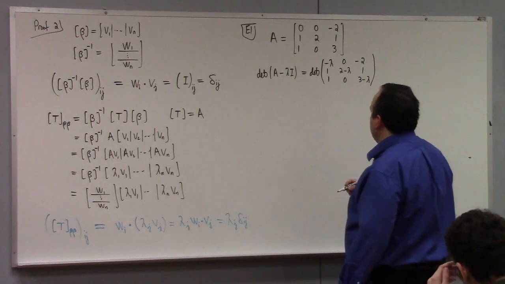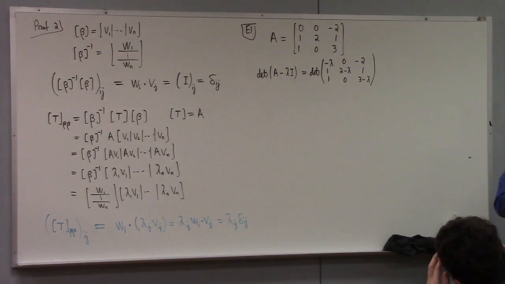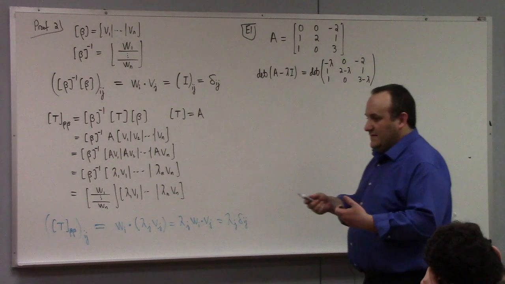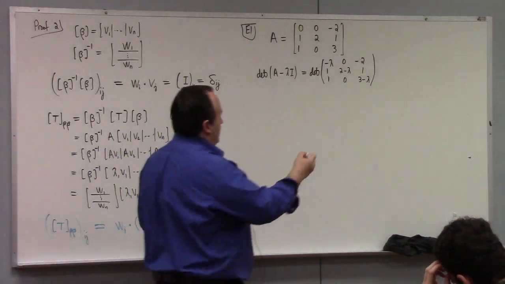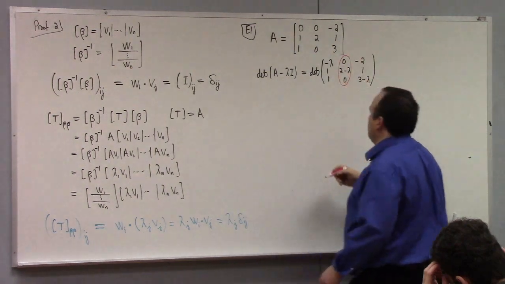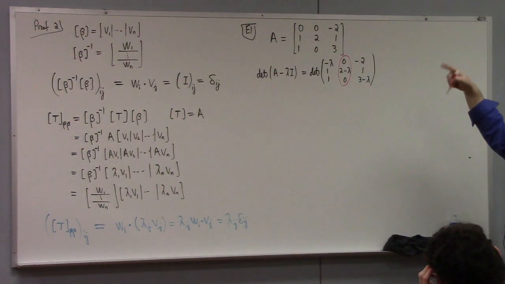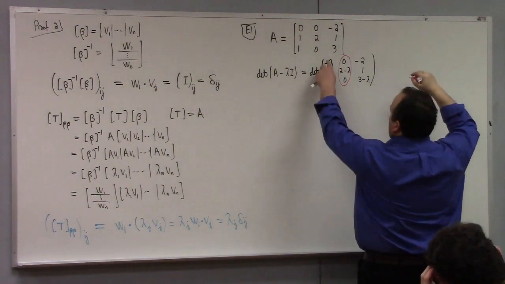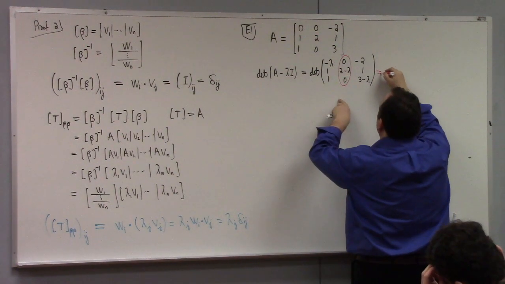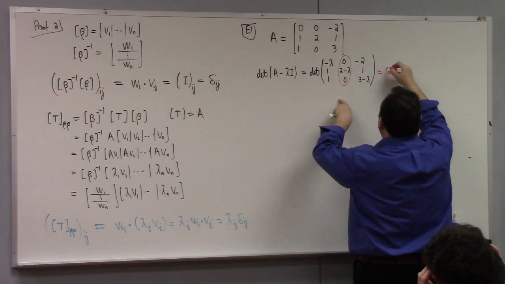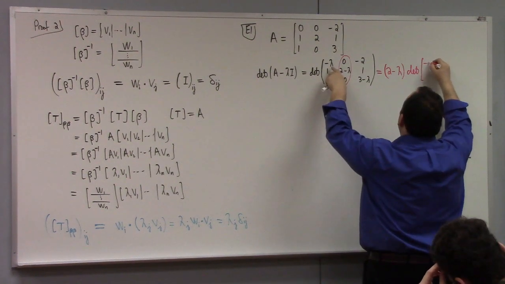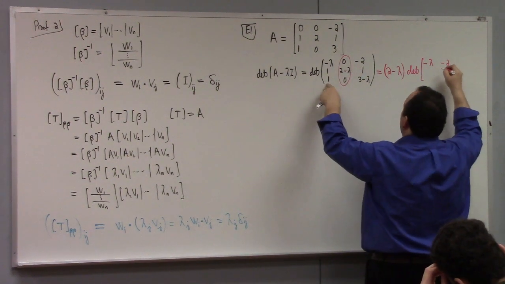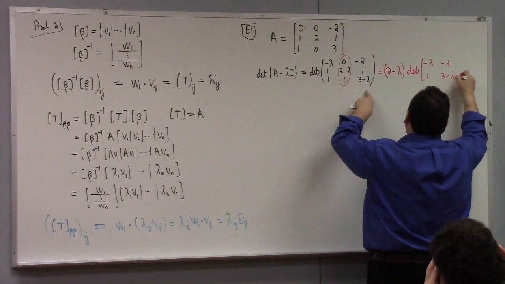In this situation, if you see you've got a row or a column which is all 0 except for one thing, then you just must expand on that one, right? You look at here, that just screams at me, expand on the second column. So I go plus, minus, plus. Listen, it doesn't really matter the sign, does it? Because we're going to set this equal to 0. So whether I got plus or minus here doesn't really matter. And then I've got the determinant of [-lambda, -2; 1, 3-lambda].